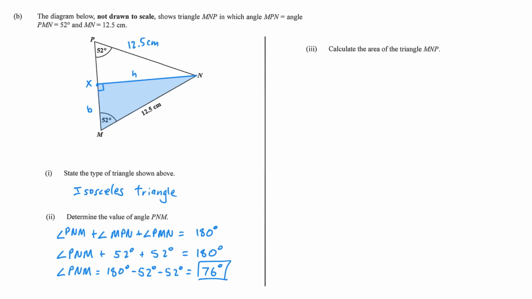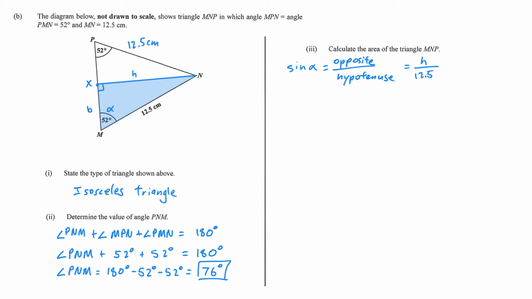Let's label the angle PMN as the Greek letter alpha. Now, for any right triangle, we know that the sine of an angle, in this case the sine of alpha, is equal to the opposite side divided by the hypotenuse. In our case, the side opposite to alpha would be h, and our hypotenuse of this triangle is 12.5 centimeters.